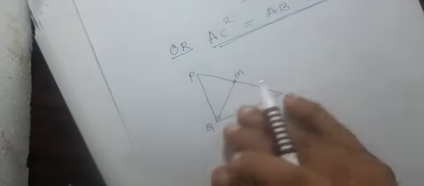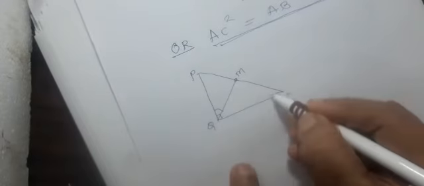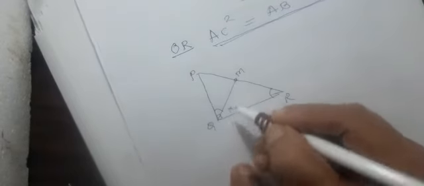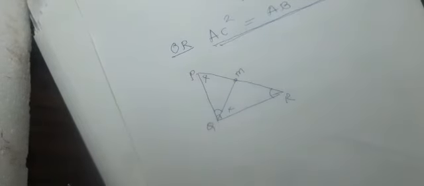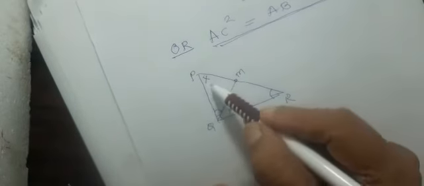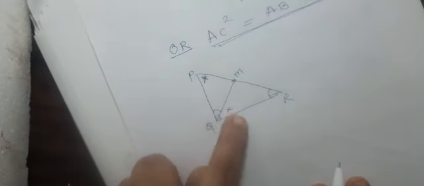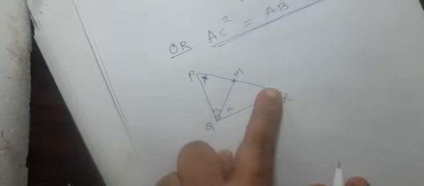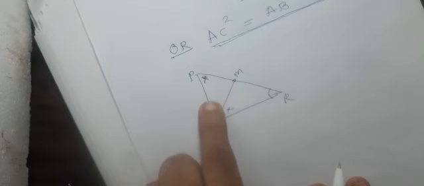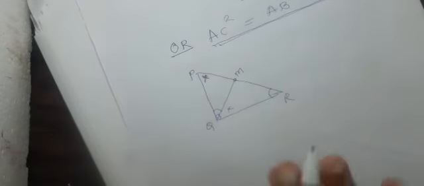Now in this figure, this angle will be equal to this angle. In any figure, however it is, you must be able to mark those angles that I showed you in the theorem. See, I have put a cross here. This cross will be this cross here. This angle will be equal to this angle, and this angle will be equal to this angle. Okay, I have marked like that.